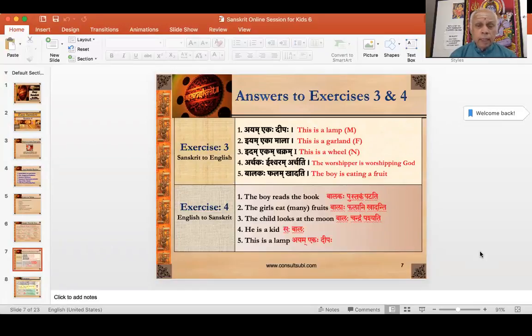Not Iha, but Saha Balaha. That's the correct word. This is a lamp. Ayam Eka Deepaha. This is a lamp. Okay. I think you got slight mistakes, but it doesn't matter. On the whole, you have done very well, both of you. And I'm so happy that you were able to submit the exercises. Very good. Okay, let's proceed further.